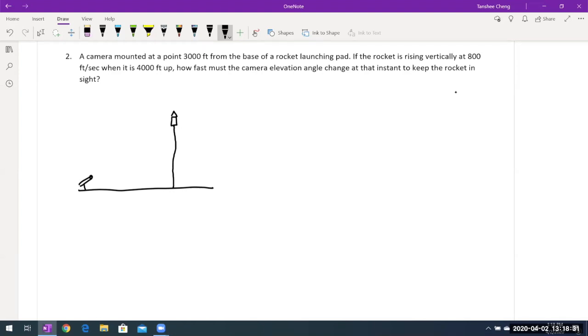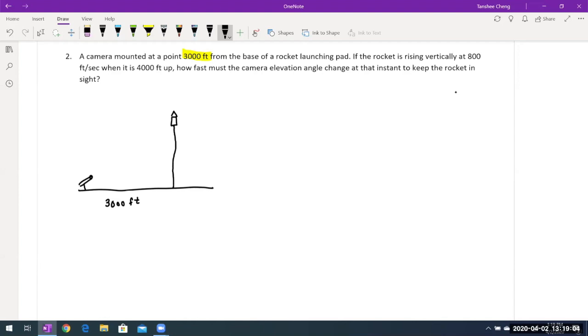What we know is this camera is 3,000 feet away from the rocket, and that number never changes. From the launching pad to the camera it is always going to be horizontally 3,000 feet away. This is a fixed number, so I can write down a numerical value in my picture.